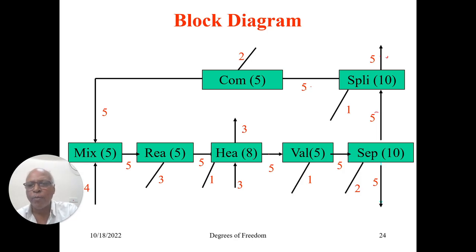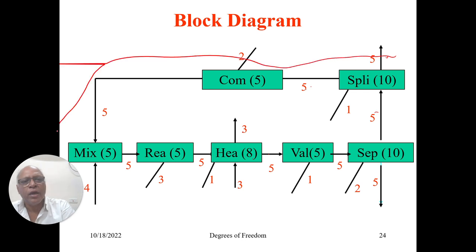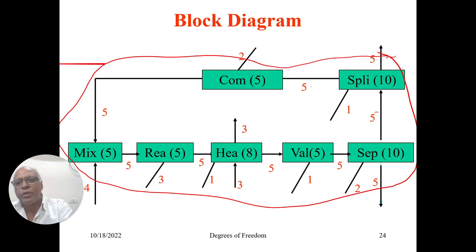Now you know the number of degrees of freedom. So do you think I have to define all these variables? Please be clear. If I take a block, something like a loop across all these blocks, what is entering into this process? This is the input stream, and this is the second input stream, nothing else.